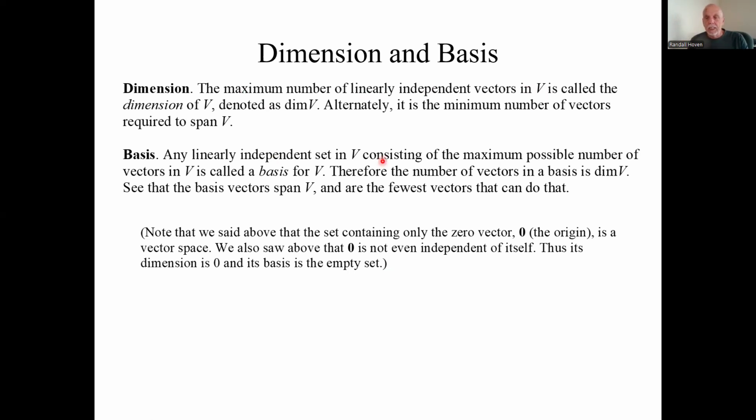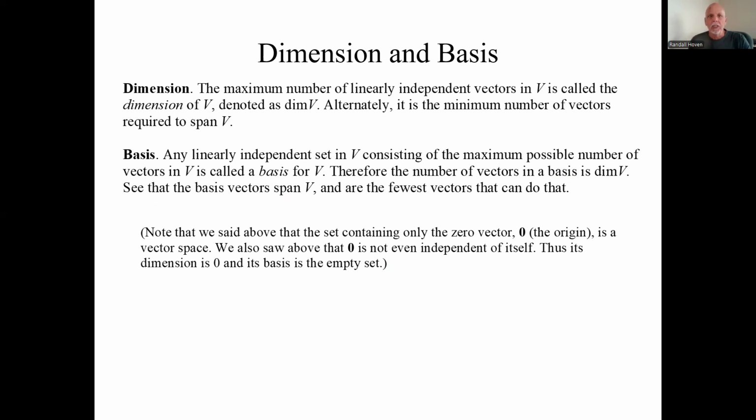Then the basis is a set of such vectors. So in a basis set, you'll have as many vectors as the dimension of that vector space. Basis vectors will span the whole vector space, and it's the fewest number of vectors that do.